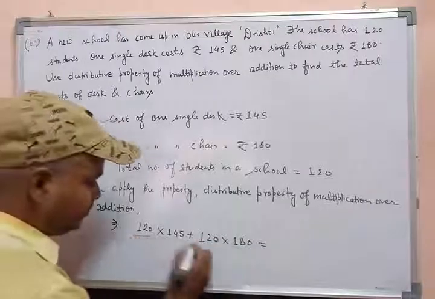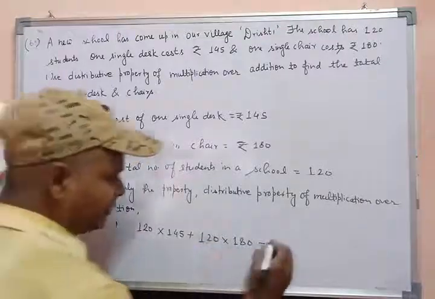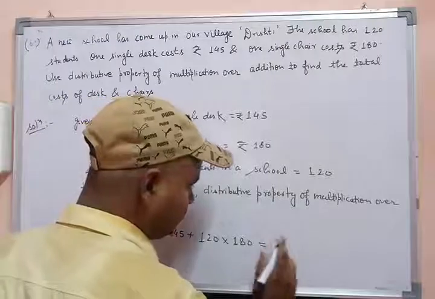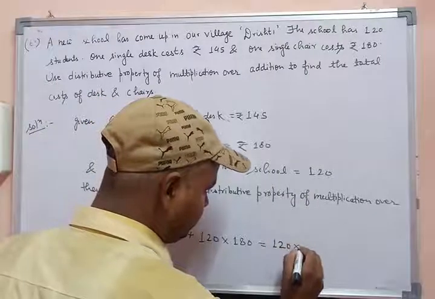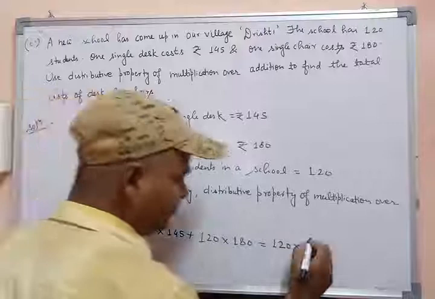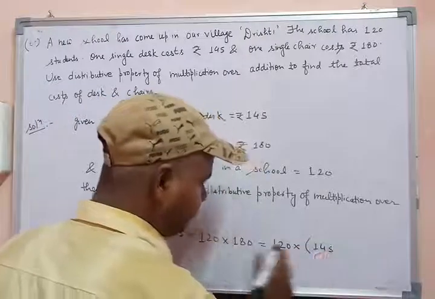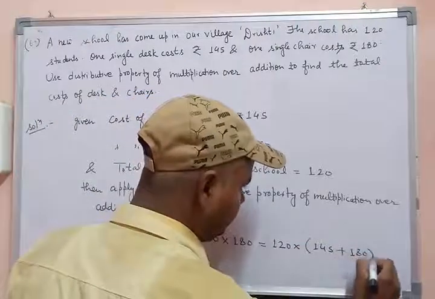First you multiply this by this, and this by this. Here 120 is common, so we write it one time. In the bracket, write 145 and 180. Now you have to add 145 and 180.